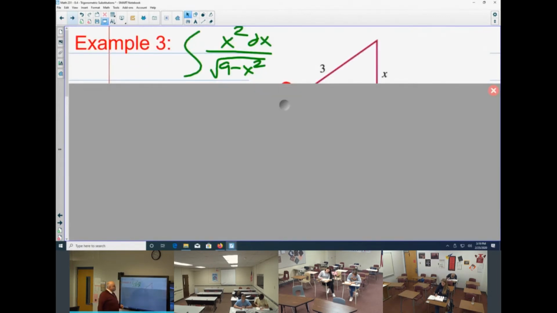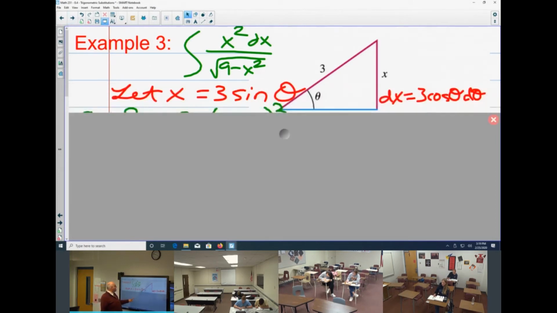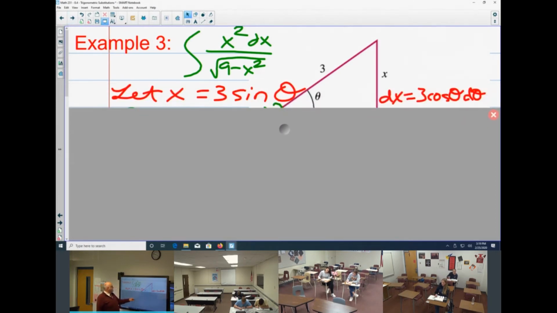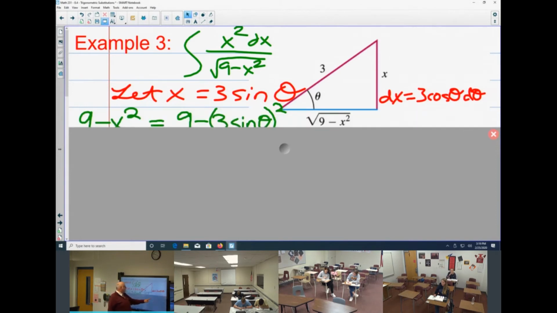All right. So in this one, this is a little different in that it's got an x squared on top, which your practice problem doesn't have. So just kind of watch this one. So when we have radical 9 minus x squared, we draw our triangle, and then we're going to let x be 3 sine theta.